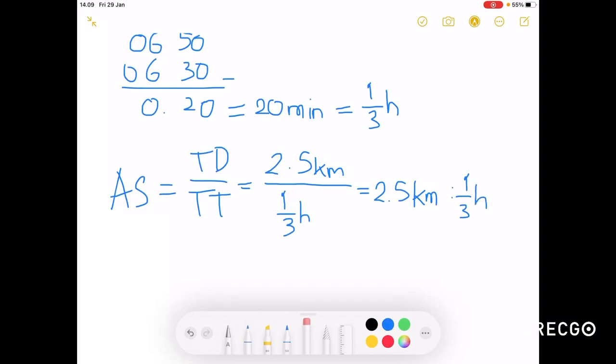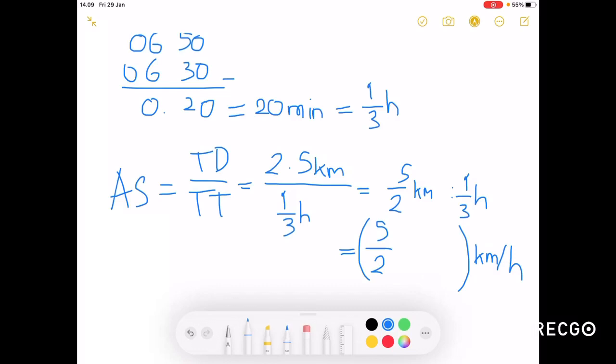And again, it's perhaps best to change this into an improper fraction as well. So 5/2 kilometers divided by 1/3 hours. So let's do our division of fractions business. So perhaps I'll just make this a bracket, and I'll just write the units on the front.